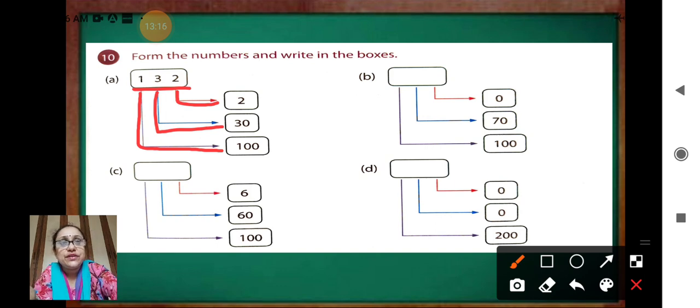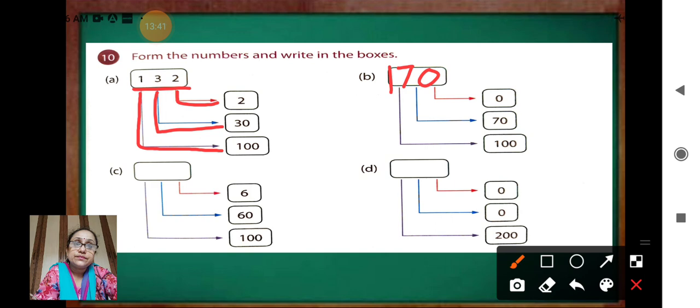Yes, what you will write here in the box? See, 0 is in ones place, write 0. Then 70 in tens place, 7 tens makes 70, so write 7. And this 100 in hundreds place, so 100.